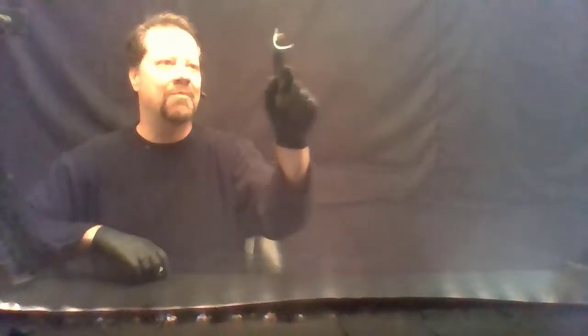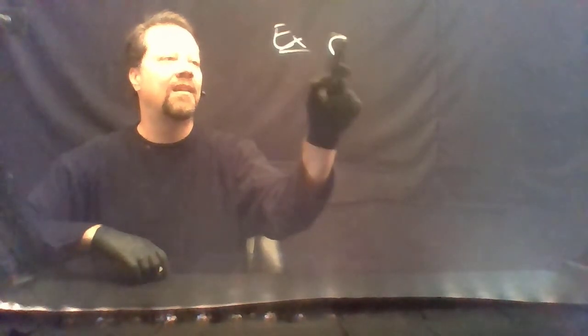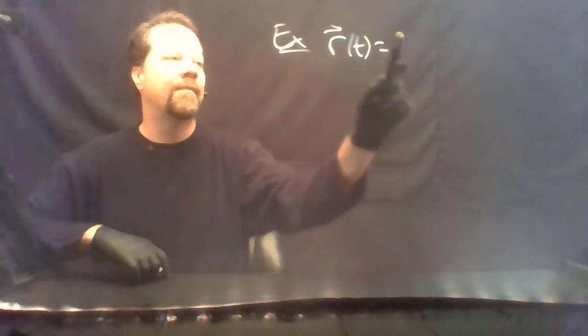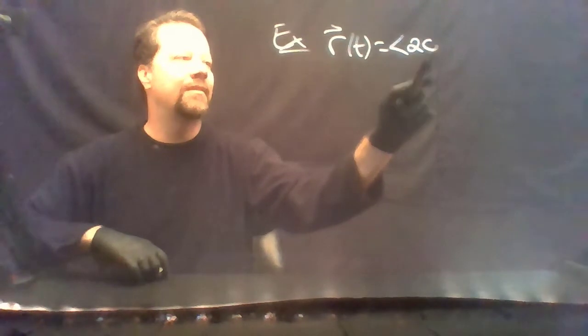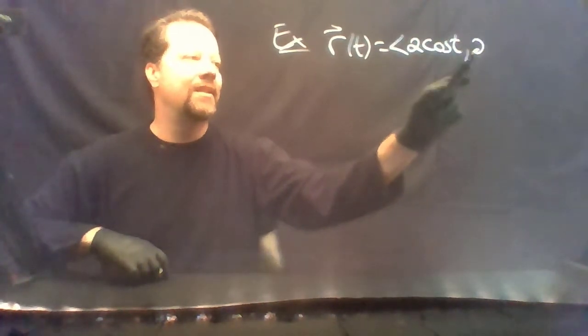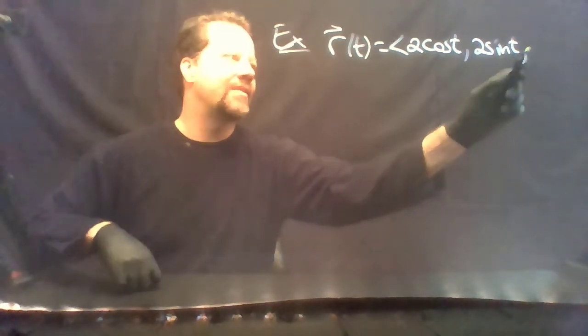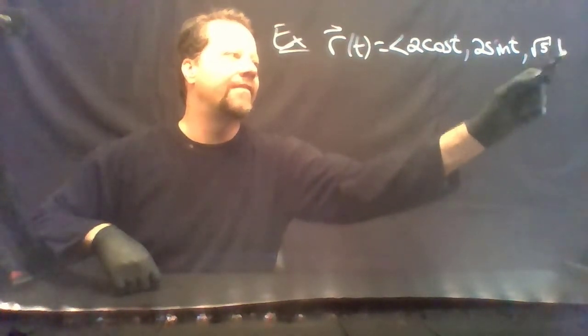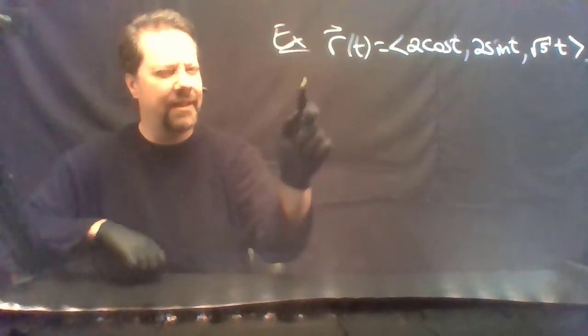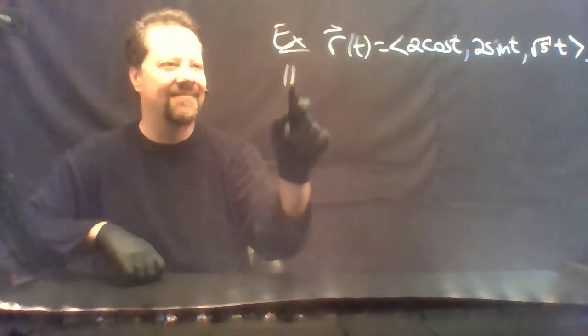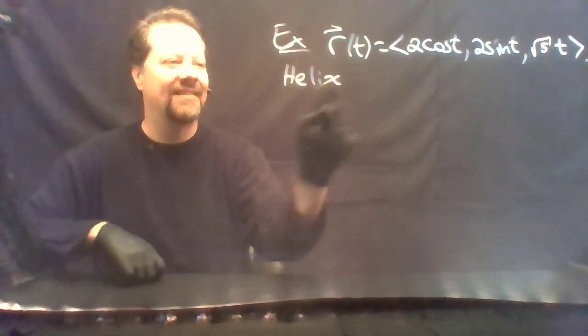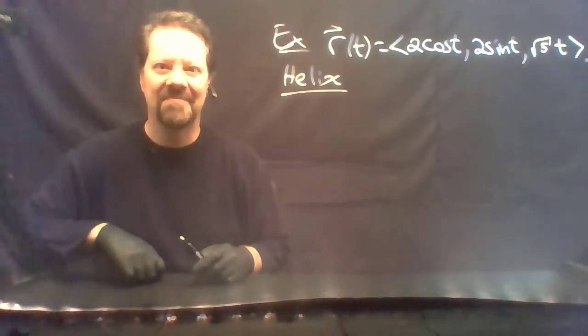Let's do another example. How about 2 cosine t, 2 sine t, and let's do the square root of 5 times t. What kind of curve is this? It's a helix.